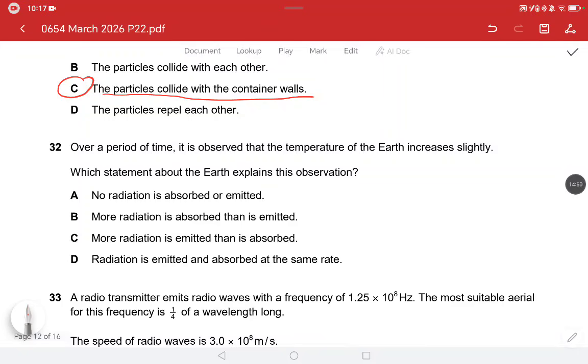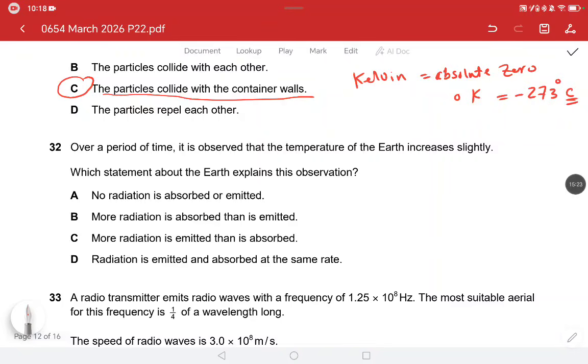Also, by the way, before moving from here, you should also know 0 Kelvin, which we call the absolute zero. This equals negative 273 Celsius.